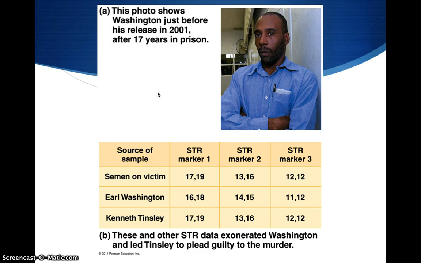By looking at the STR markers from the semen on the victim, we see that these two persons don't have the same marker. Marker 2 doesn't match either. Marker 3 doesn't match the same thing, even though 12 matches but 11 doesn't. The other person, who they didn't catch, has identical markers for all 3 locations. That's how we determined that this would probably be the person who did the crime.